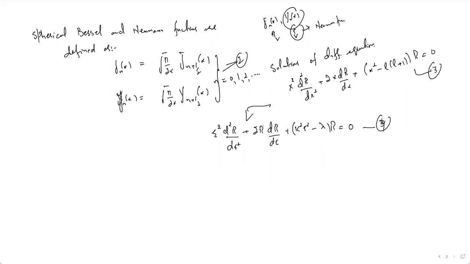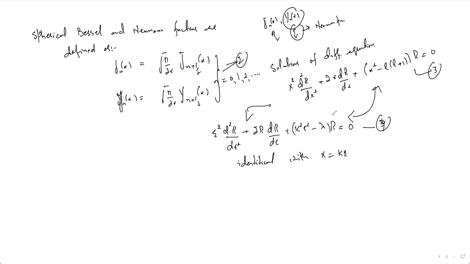So when I separate the Helmholtz equation into spherical form, the radial equation which I get is this particular equation. Now equation 4 is identical with this equation. What is the identity between these two? They are identical with x is equal to kr.